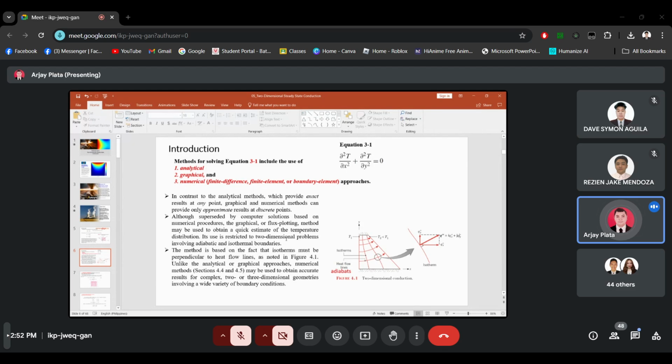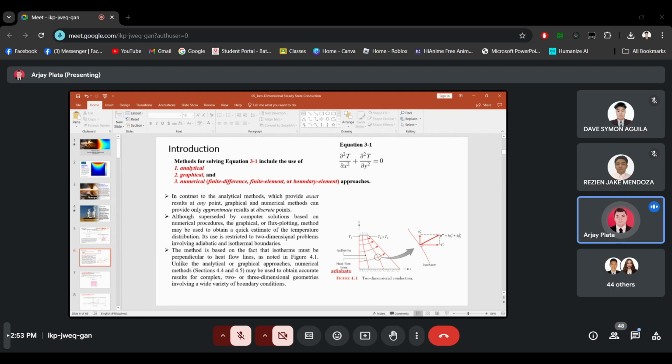So in your module, I think it's page, what page is it? You can refer to your module, page 48.